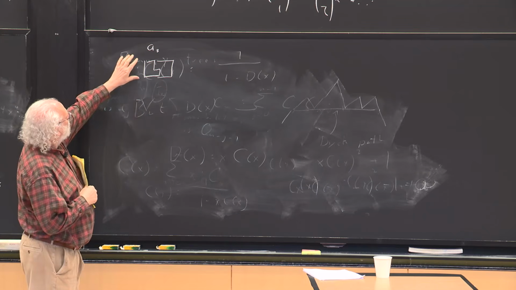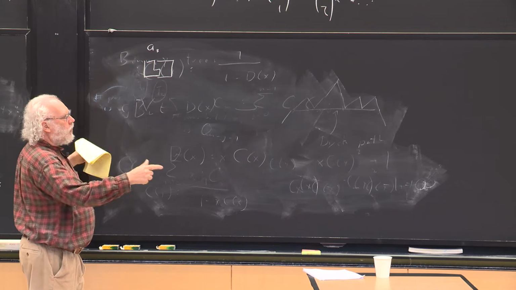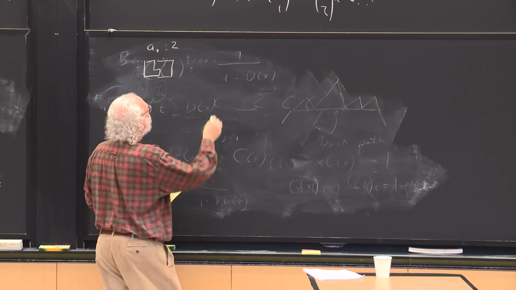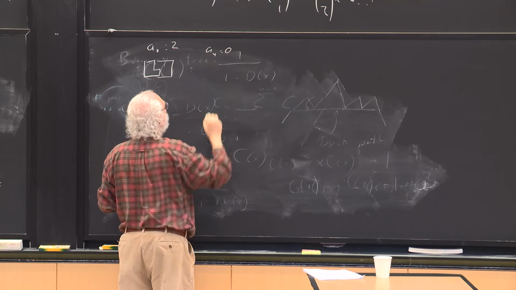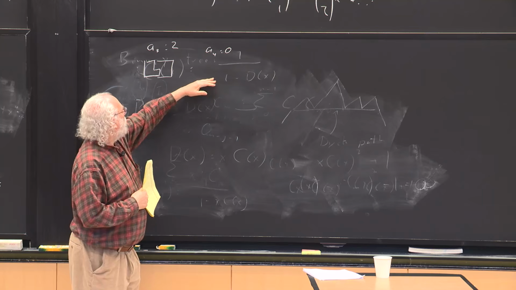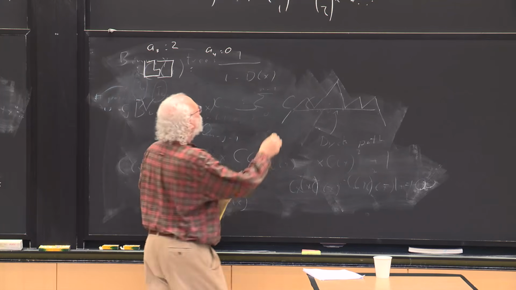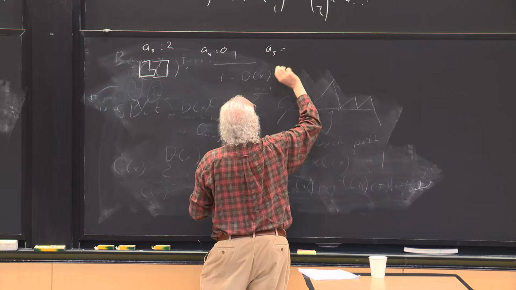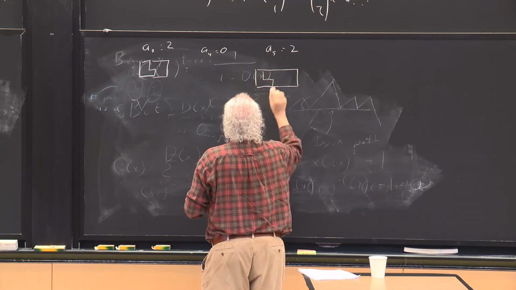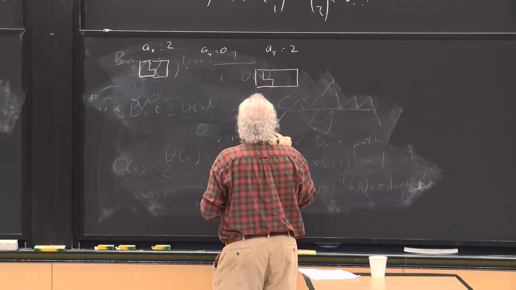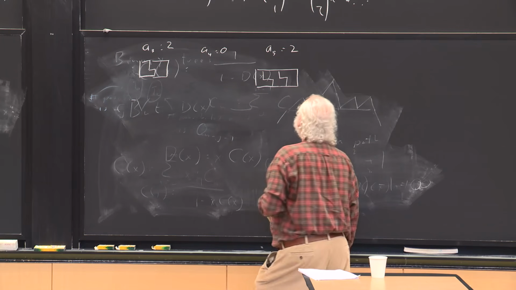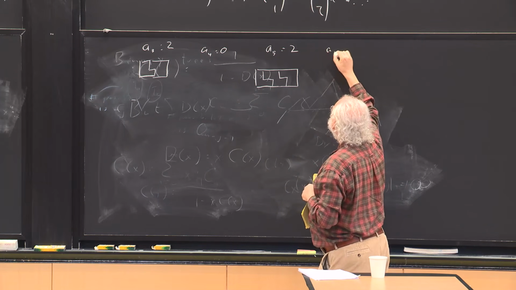And there are 2 of these tilings because you can reflect it along a horizontal line. So a sub 3 equals 2. A sub 4 equals 0. I want to say there are no ways to tile a 2 by 4 strip with those tiles. A sub 5 equals 2. A sub 6 equals 0.